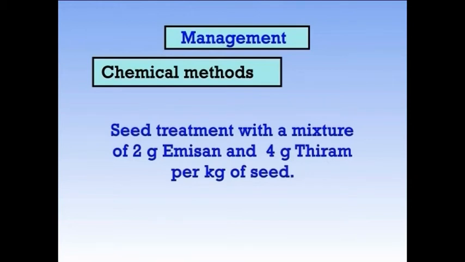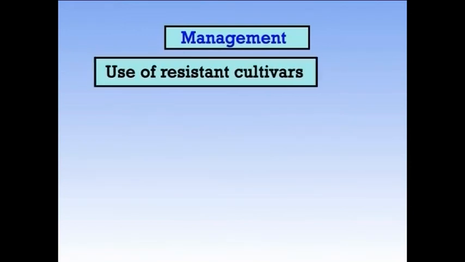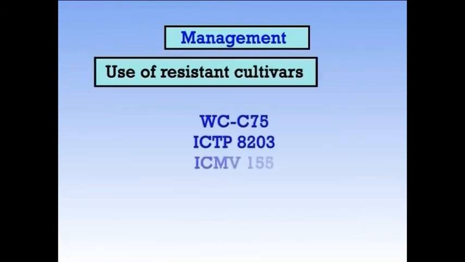This can also be managed by spraying with 1.5 kg per hectare at boot leaf stage followed by 1 or 2 sprays at 10 days intervals. Use of resistant cultivars like WC C75, ICTP 8203 and ICMB 155.